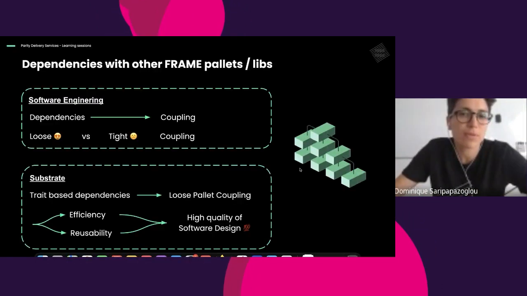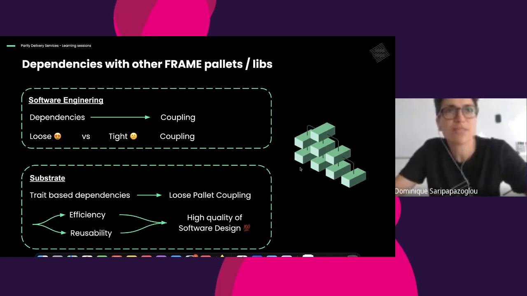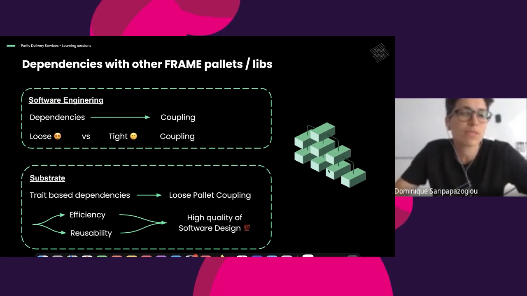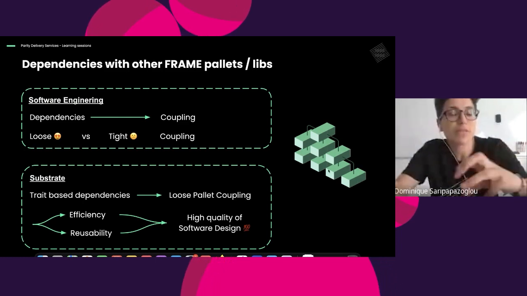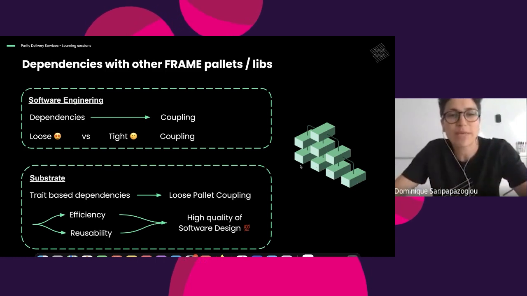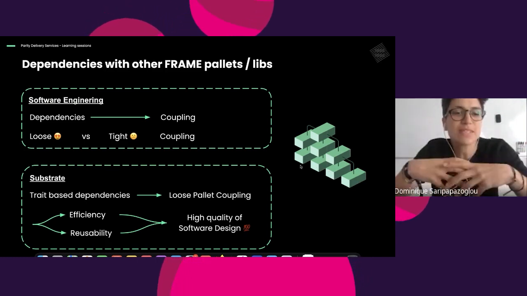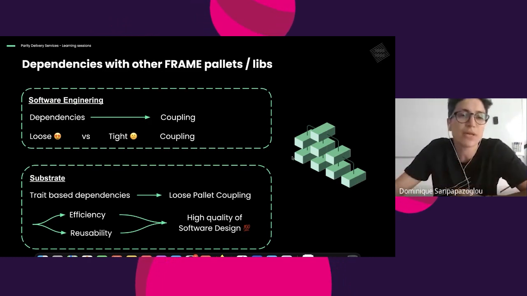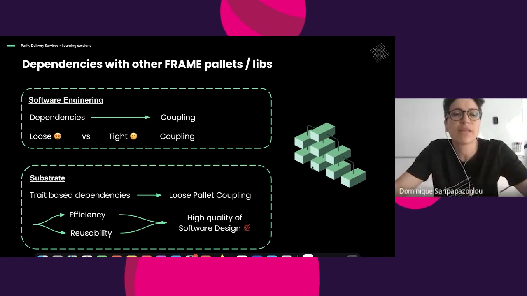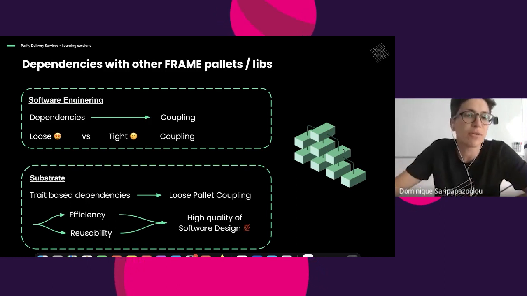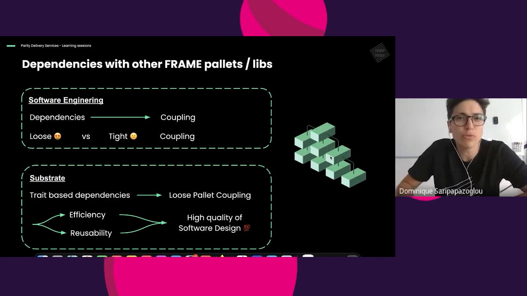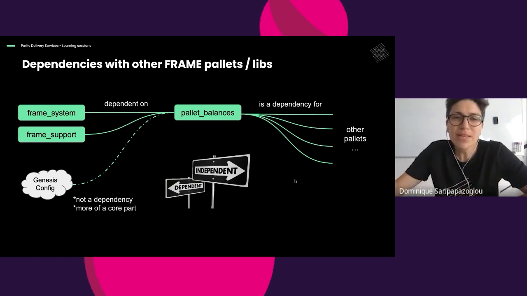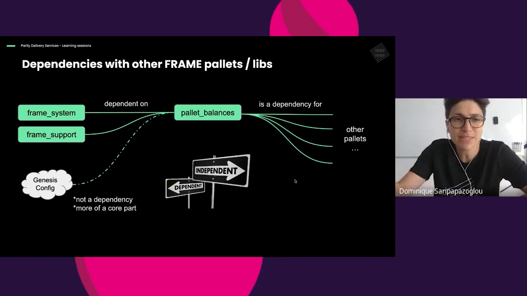Otherwise, if everything was very tightly coupled, if someone was working on one pallet and this was tightly coupled with another pallet, then it would make a mess in the code. This also helps reusability. When I say reusability, it means that when components are separated, they can be reused in different places without duplicating code.